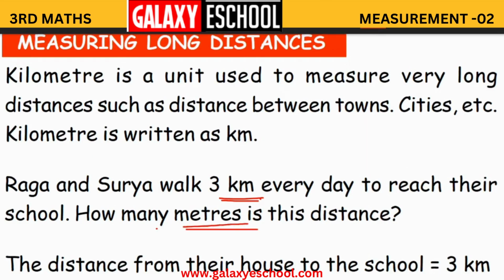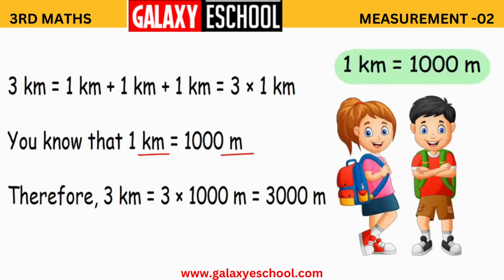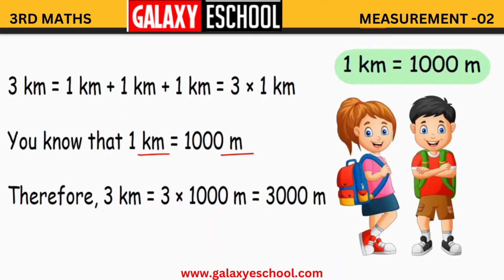Suppose they asked how many centimeters is this distance, then we would have converted the kilometers into centimeters. But in the question they have asked us in meters, so we have written our answer in meters. 3 kilometers is equal to 3000 meters.